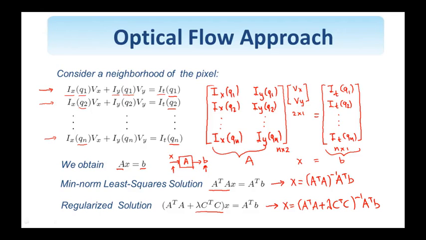I'd like also to mention here that if we are in a flat region and try to estimate the motion, then these spatial derivatives are going to be 0, as well as these temporal derivatives. So in flat regions, the matrix A and the vector b are 0, or very close to 0, and therefore it's hard to find a solution. Any solution would satisfy the Ax equals b equation.